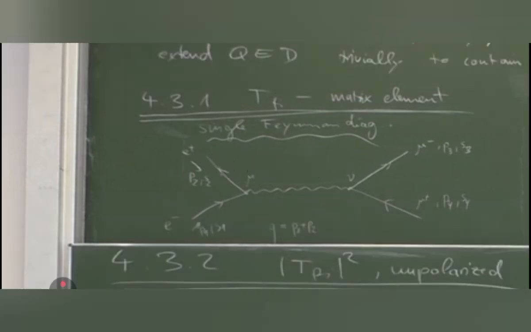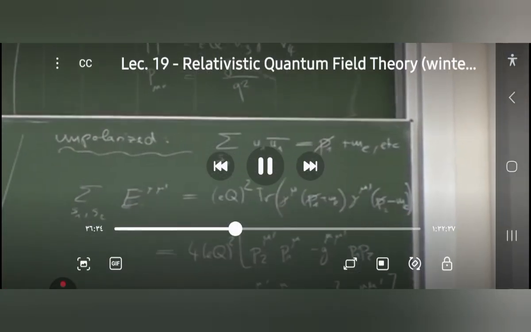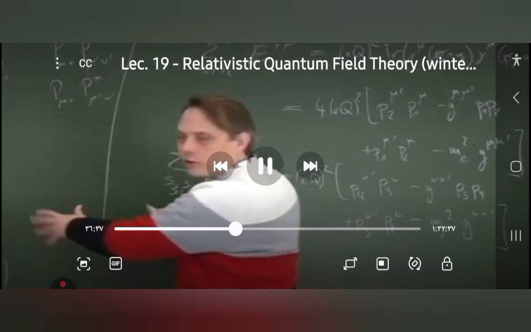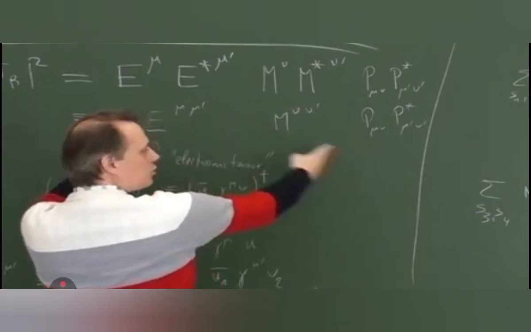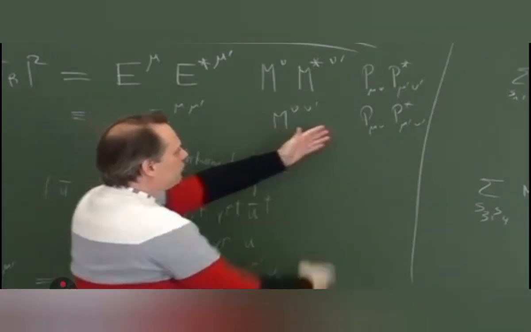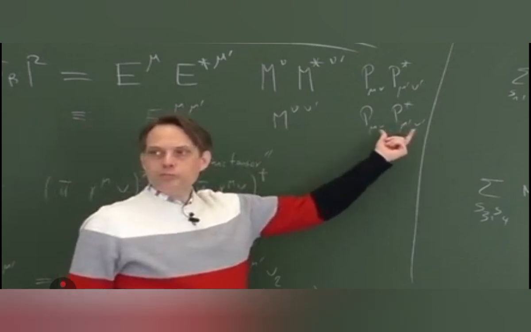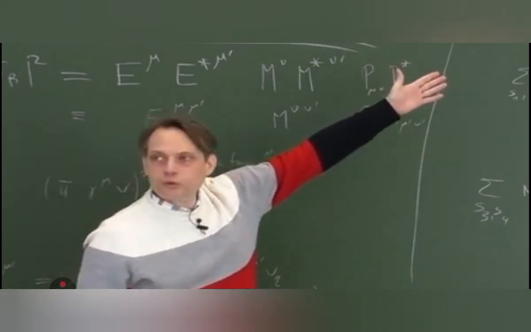Tensors, and what we then can do is we can explicitly work out the squared matrix element TFI square after summation over all the spins. So we can plug back in those results here into that product. So we get the product of the muonic and the electronic tensor with the propagators, and the propagators are also simply given by momenta 1 over q square times the metric tensor.